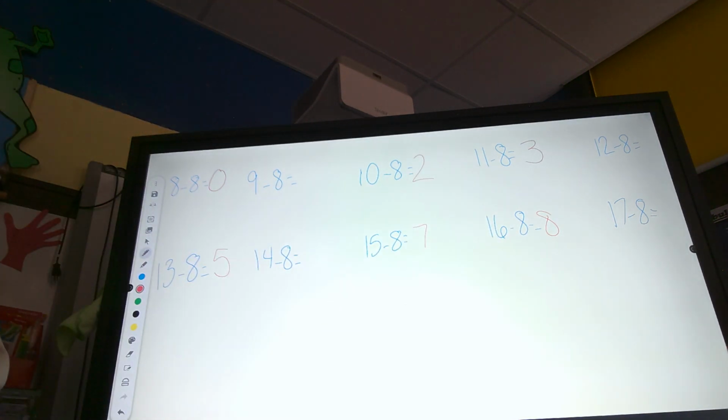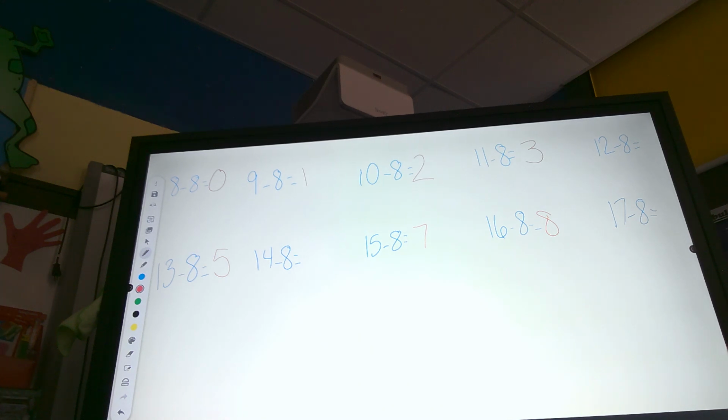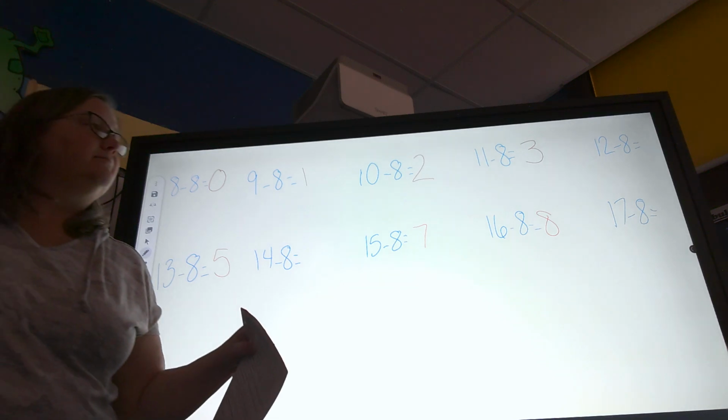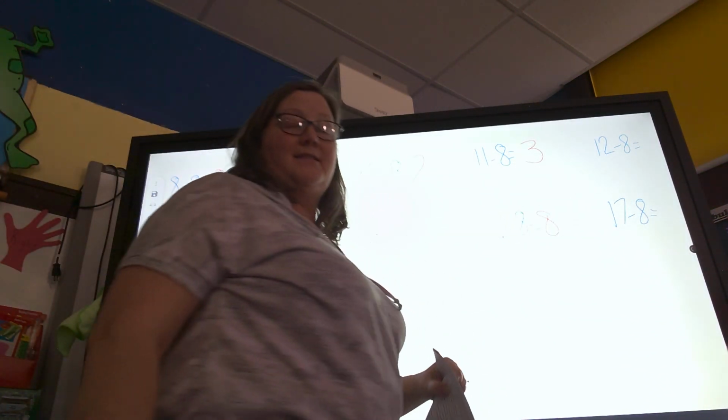Which one of these has a difference of 1? 9 minus 8. Which has a difference of 9? Not 19 minus 8, that would be 11. 18 minus 8 would be 10.